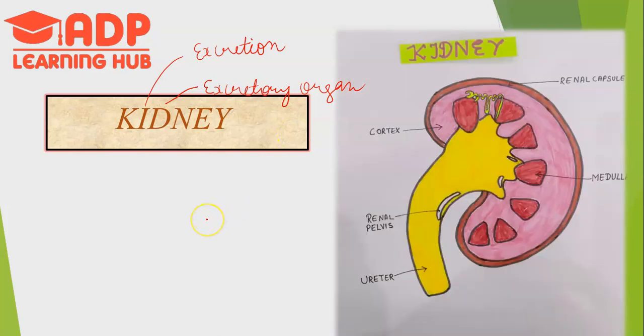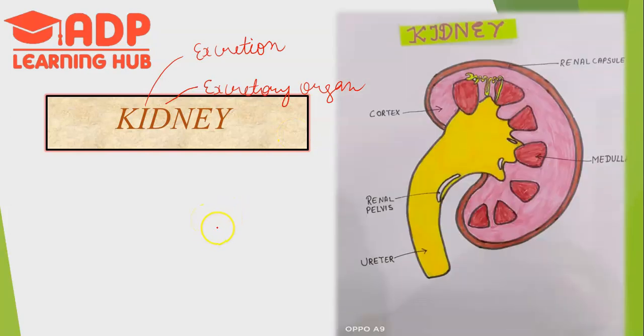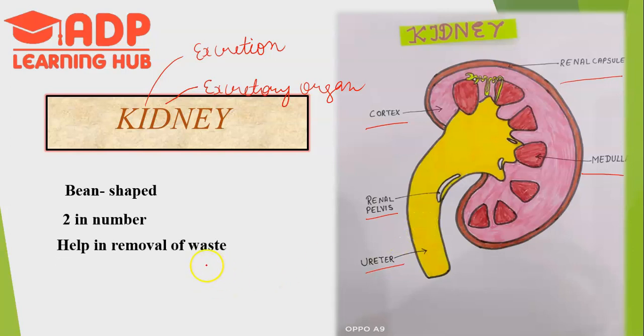So kidney is a bean-shaped organ which comprises various parts, that is cortex, renal pelvis, ureter, medulla, renal capsule, and in my upcoming videos we will discuss the proper structure of the kidney. We all know that kidney is a bean-shaped structure which is present in pair, and its main function is to remove the waste from the body in the form of urine, and it also helps in blood filtration and maintaining the fluid balance.